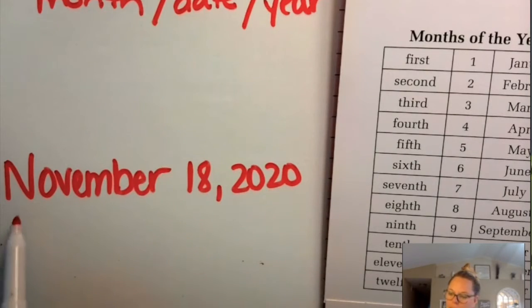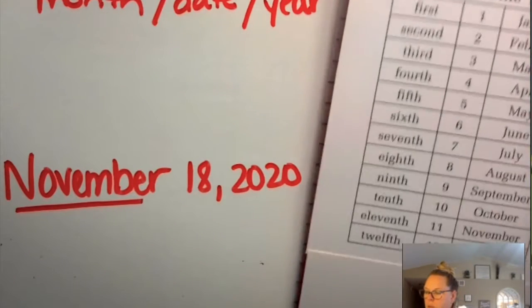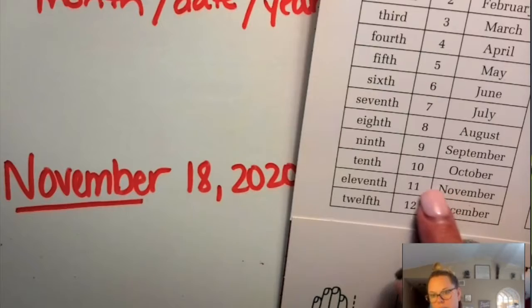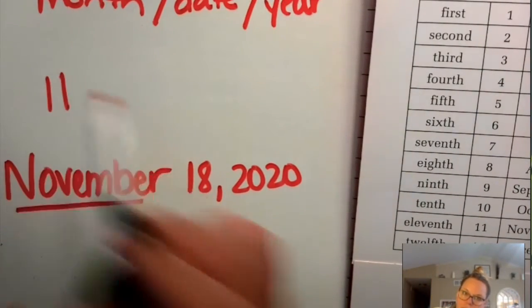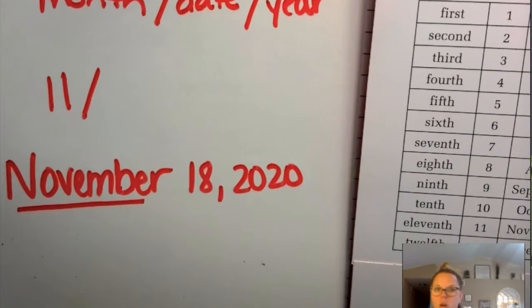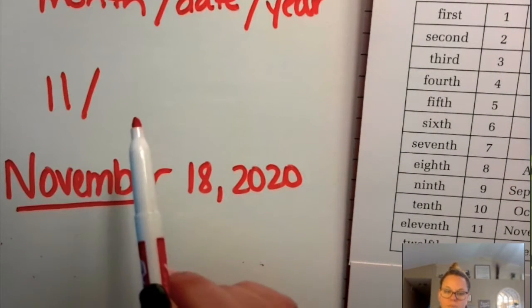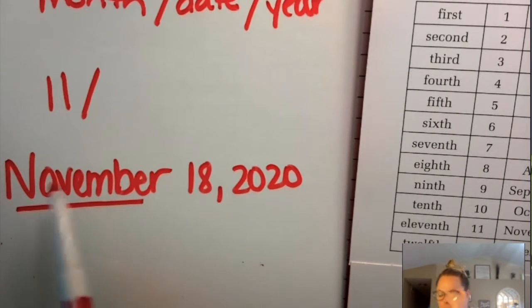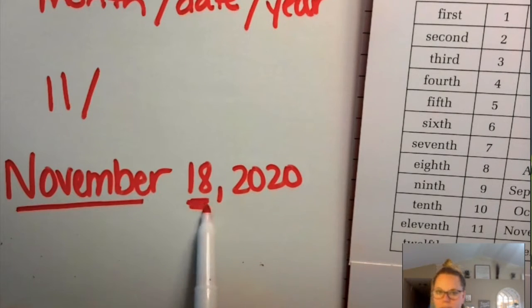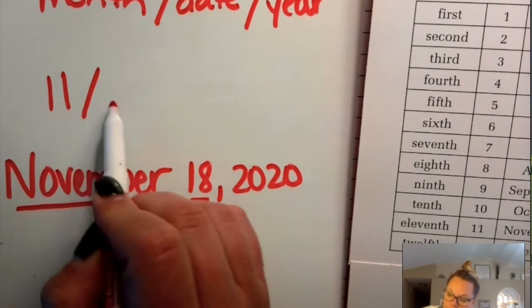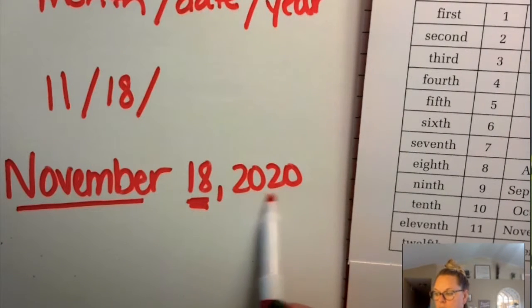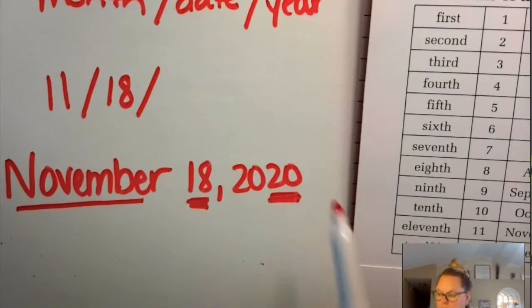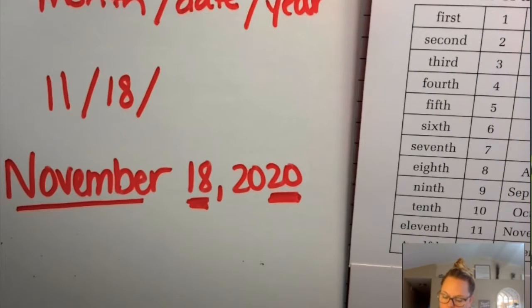So I need to start with November. We said November is the what month of the year? 11th. So I need to write 11 and then a slash. Notice that my slash is on an angle. It's an oblique angle. So 11 slash what? What comes next? Your date. That's the 18th. Slash the year. Usually you just use the last 2 digits of the year.